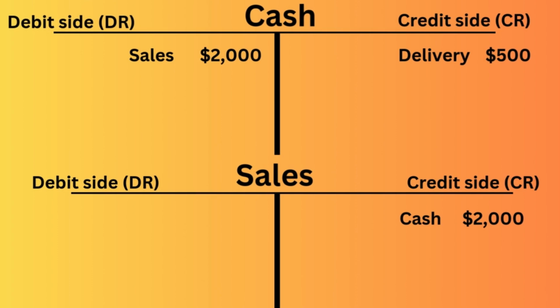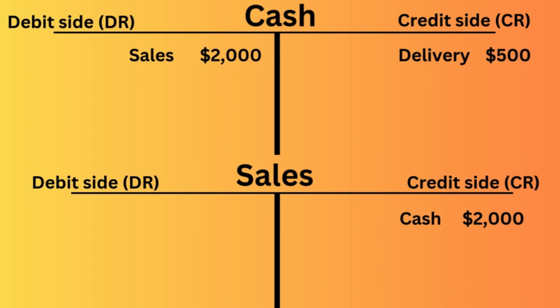Now, putting all this together, this is what the T account will look like. Three accounts are affected: cash, sales, and delivery expense. We're debiting cash with $2,000 for the sales that we made and we received cash for, and we automatically go and credit the sales account for the sales that we have made to show that the sales in the company has increased. We're crediting the sales account because sales is a credit entry account. That is the point of entry.